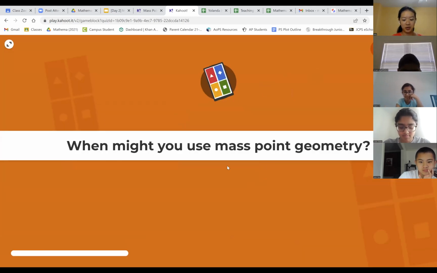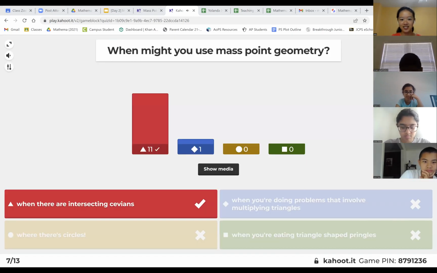When might you use math point geometry? When there are circles, of course. Yeah, yes, when there are intersecting Cevians.